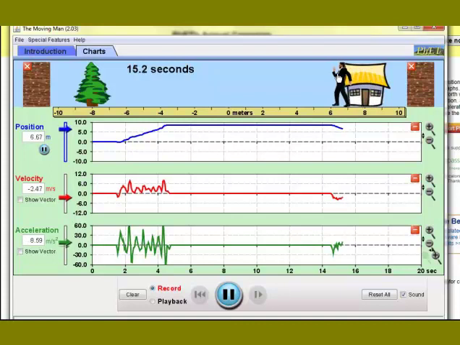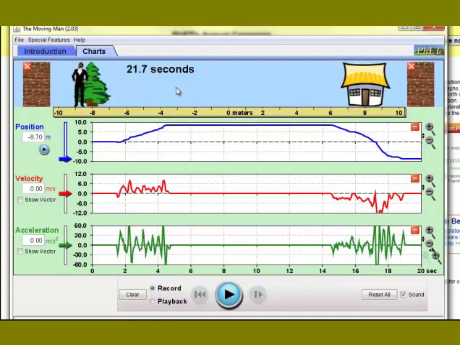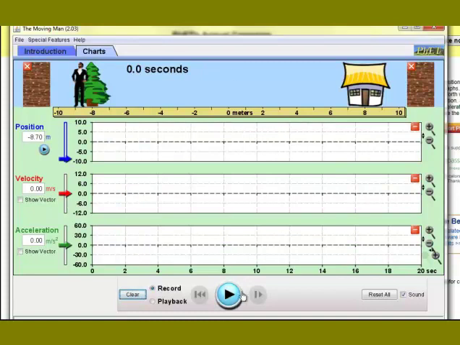Okay, we're going this way. So you can see, as long as I'm speeding up negatively, we get a positive acceleration. Actually, let's see if we can stop this thing, and we're going to try it one more time. Clear.